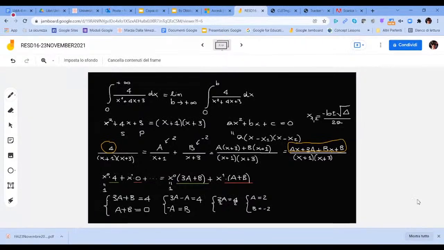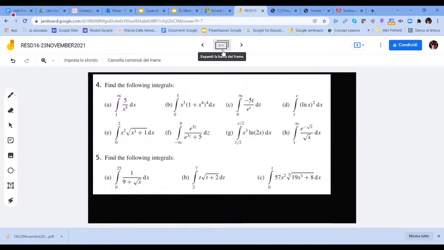I think this is clear because this is all computation. So next step is to write this integral as a sum of two integrals.